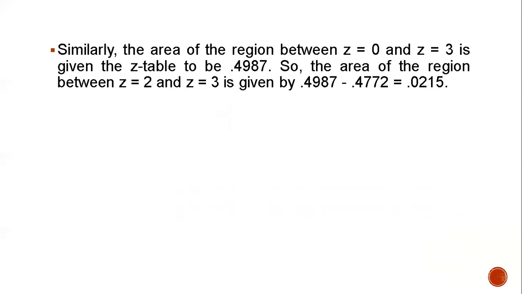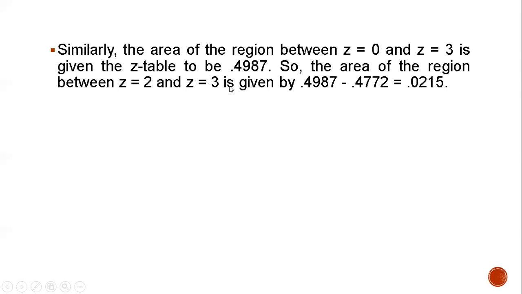Another, similarly, the area of the region between z equal to 0 and z equal to 3 is given in the z table to be 0.4987. Kung titingnan naman natin sa z table natin, yung 0 hanggang 3, ang value nun ay 0.4987. So, the area of the region between 2 and 3 is given by, dahil yung 0 hanggang 3 ay 0.4987, ang tinatanong lang naman sa problem natin is kung ano yung area na sakop ni 2 hanggang 3.